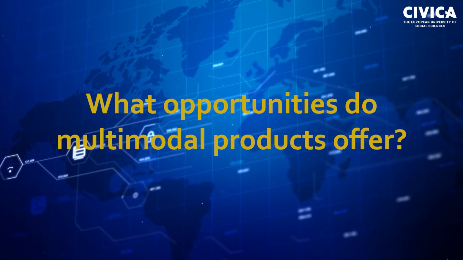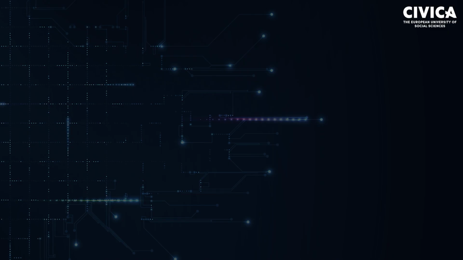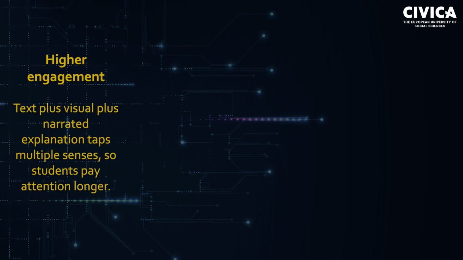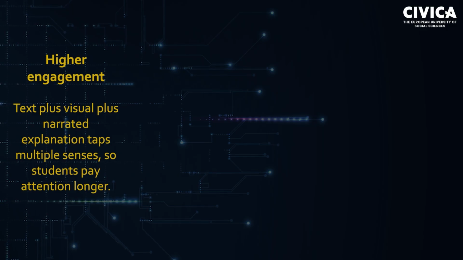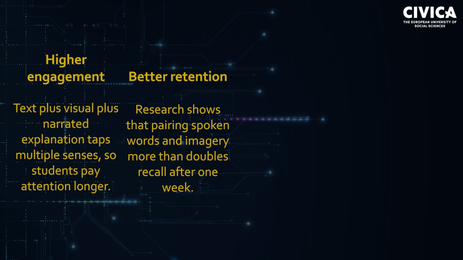So the real question is how these resources can enrich our lessons. What is the type of content that we want to create? In a nutshell, it's time to ask ourselves, what opportunities do multimodal products offer? Higher engagement. Text plus visual plus narrated explanation taps multiple senses, so students pay attention longer. Better retention.